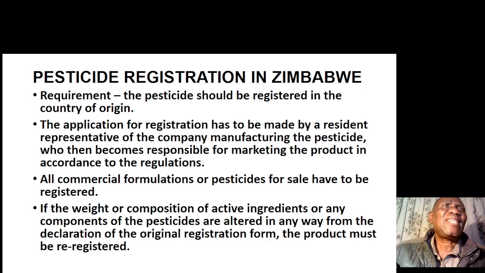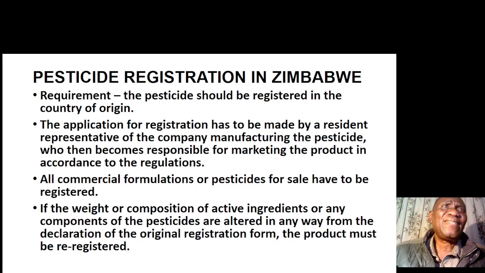Now, the requirement is that the pesticide should be registered in the country of origin if we are going to use it in Zimbabwe. Where it is coming from, it should have a registration certificate. If it doesn't have a registration certificate, it cannot be used, no matter how good it is.